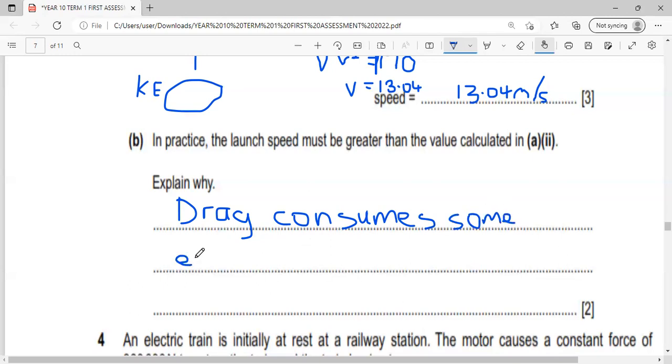Or you say drag consumes part of the kinetic energy with which you've launched it. Okay. I think that one is good enough. Let me state it this way. Drag consumes some of the kinetic energy.